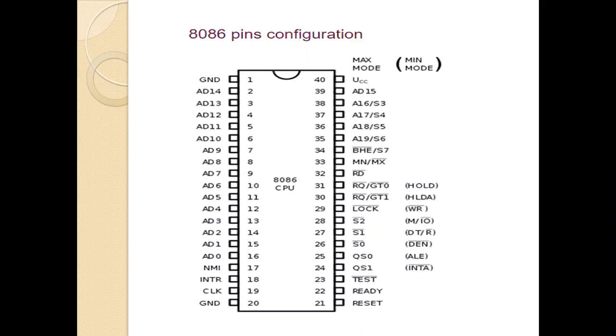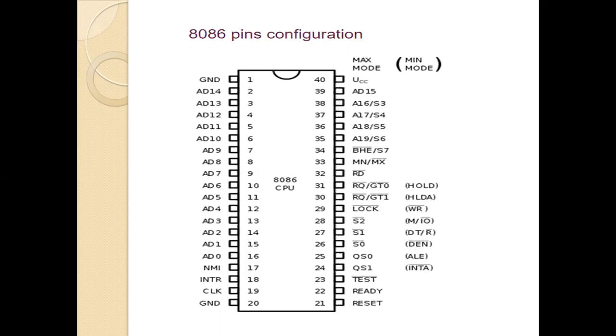Next, address and data bus. You can see these address lines AD0 to AD15. These are the 16 address and data lines, and they are multiplexed. You know why these lines are multiplexed? To reduce the complexity of the processor. That's why the address lines and data lines are multiplexed.